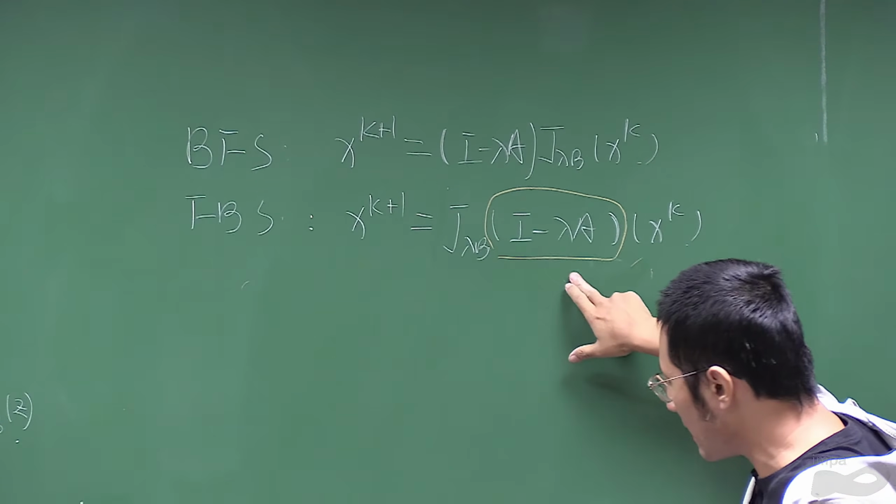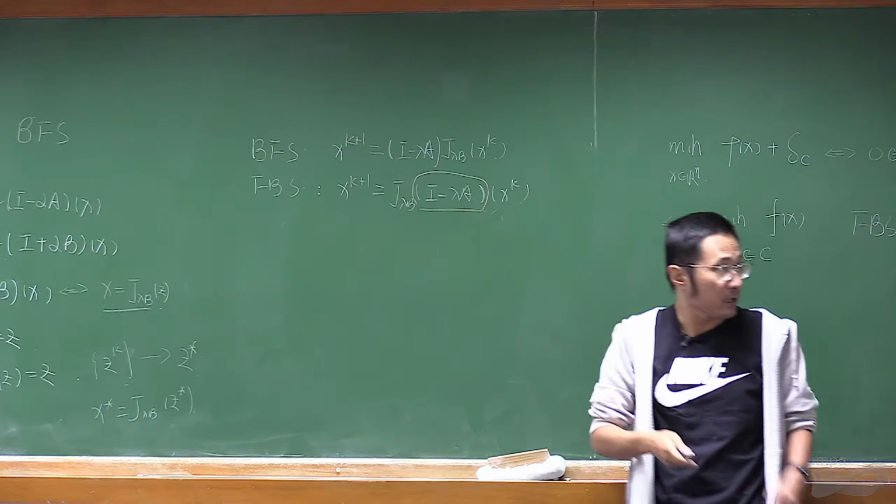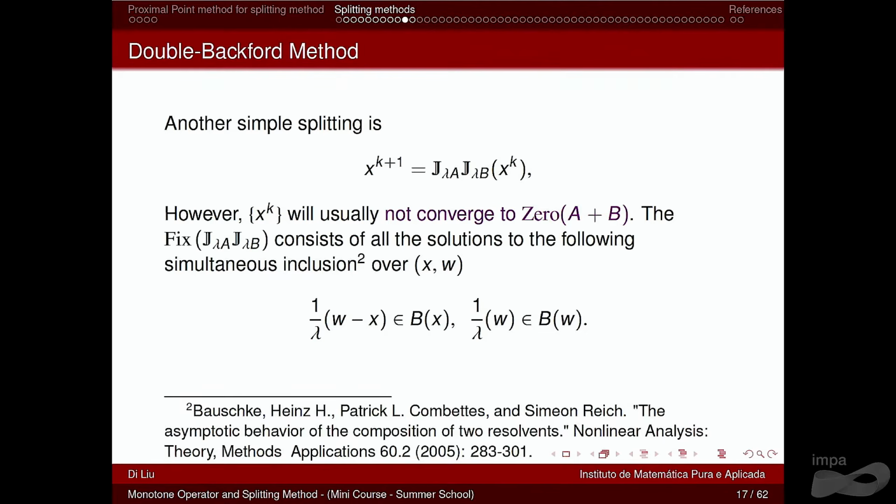But if you use two resolvents, or a composition of two resolvents, you will not have this kind of confusion or further assumptions. But first let's analyze whether this will converge.